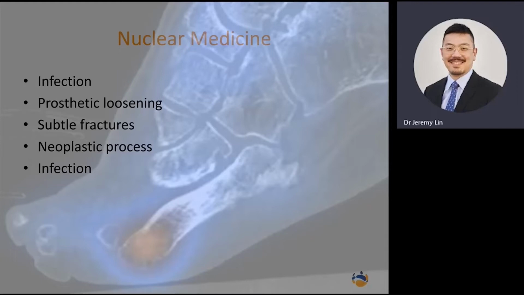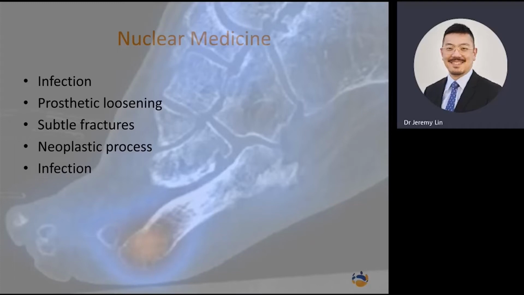In areas where we have to look for infection and where it's difficult to assess infection from chronic versus acute with MRI or CT, we can use labeled white cell studies and look for uptake that way.